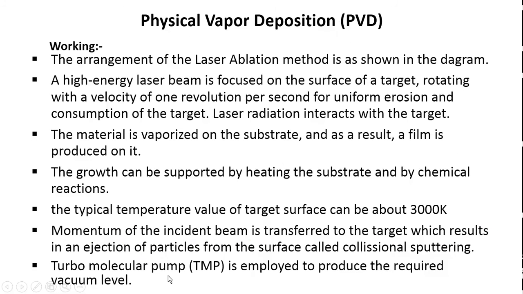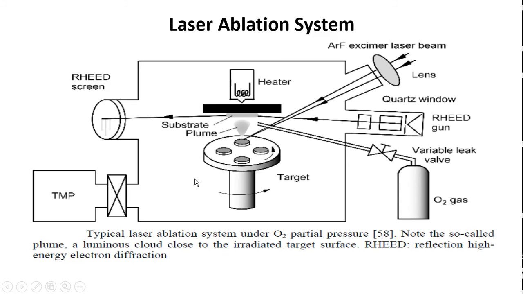This molecular pump, this vacuum pump, makes the chamber more and more vacuum, so that the chamber will be almost vacuum, with a very low pressure of O2 gas that will be controlled. That gas is allowed to enter here at a controlled level in order to accelerate the oxide formation and the reaction process. Okay.